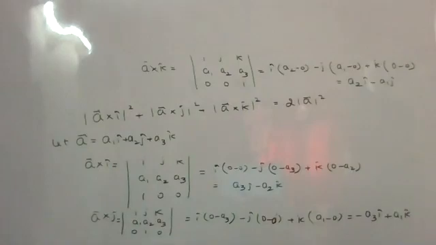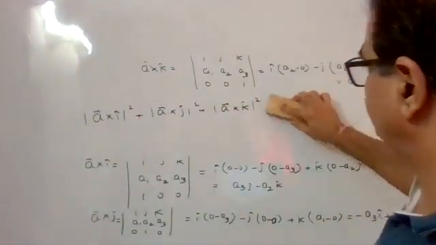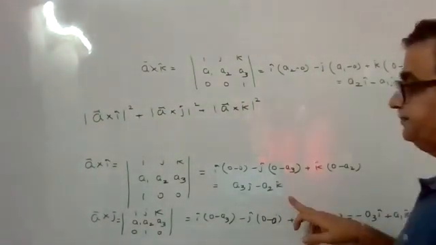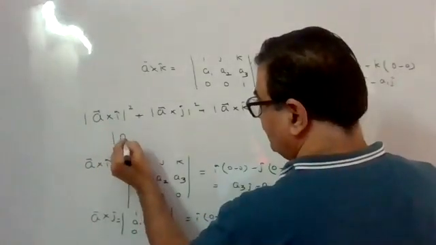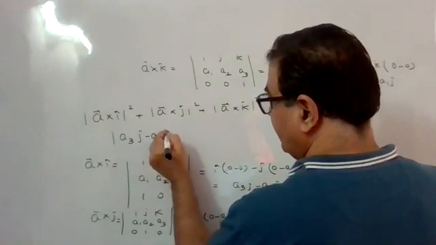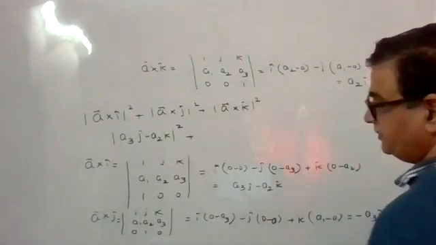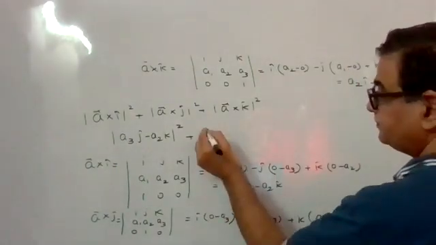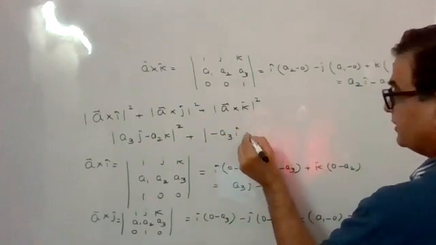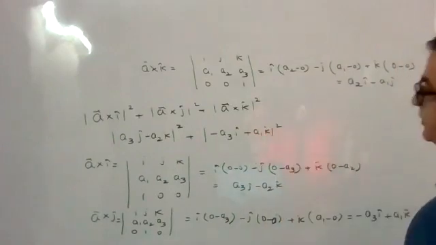Okay, now we will start with the left hand side of it. A cross I, yeah. Magnitude of A3 J cap minus A2 K cap, magnitude and then square. Then comes A cross J, yeah, minus of A3 I plus A1 K whole square.